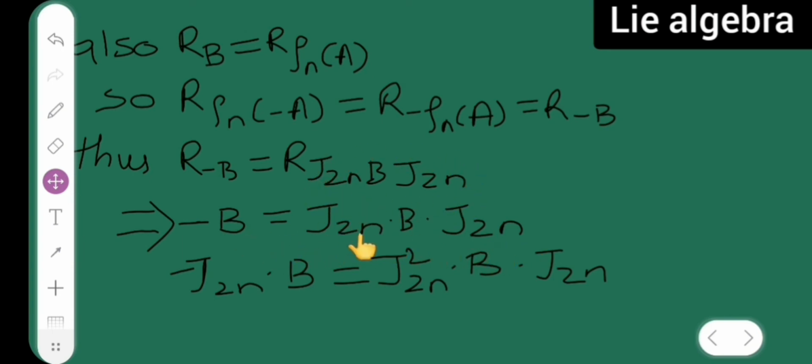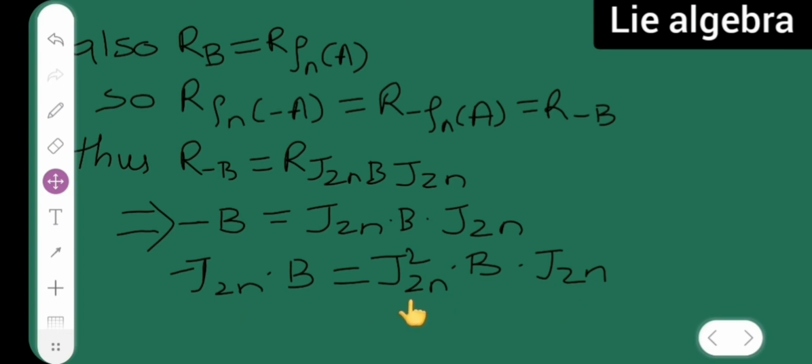Now I will multiply j to n on both sides. So minus j to n into B is equal to j to n square into B into j to n.